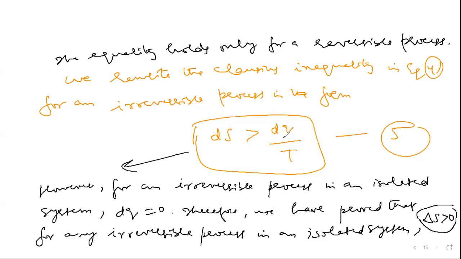Because when you put dq is 0, dS would be greater than 0 for an isolated system. So we have proved for an irreversible process in an isolated system, delta S is greater than 0, positive, right?